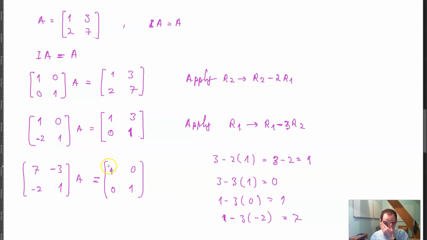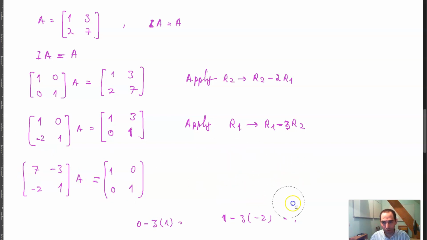And then 0 minus 3 times 1 is equal to negative 3, which is what we have gotten here. So R1 becomes R1 minus 3 times R2, and therefore based on this you can say that A inverse is the same matrix as 7, negative 3, negative 2, and 1.